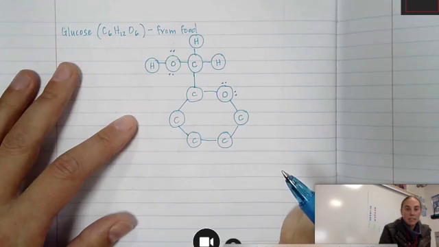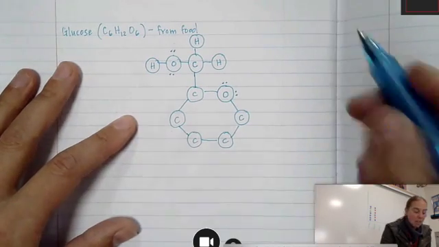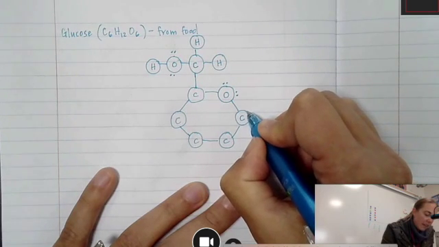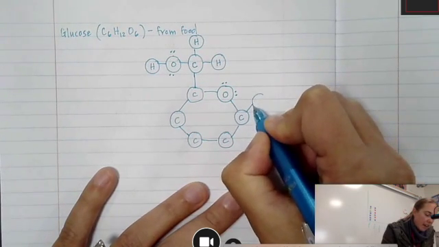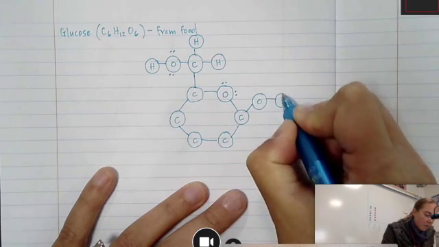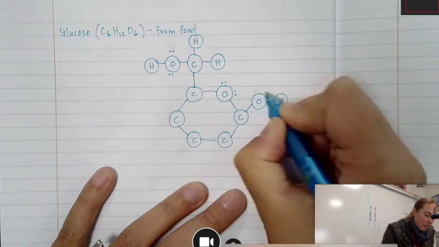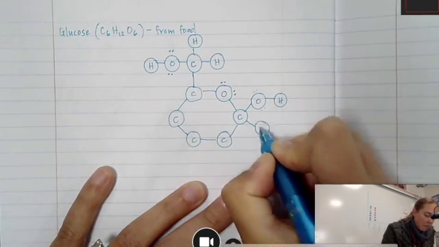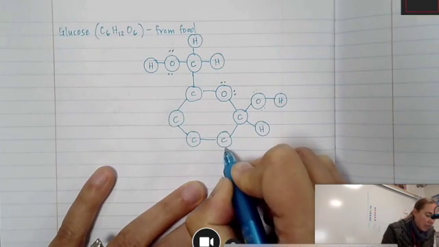And then let's go back kind of to the beginning here. We're going to start with this carbon here. So what's going to happen is each carbon is going to have an OH and an H. And I'm going to put these just kind of where I can.